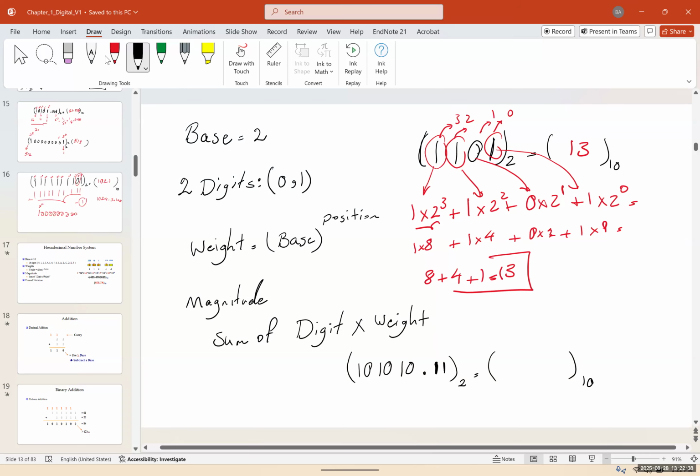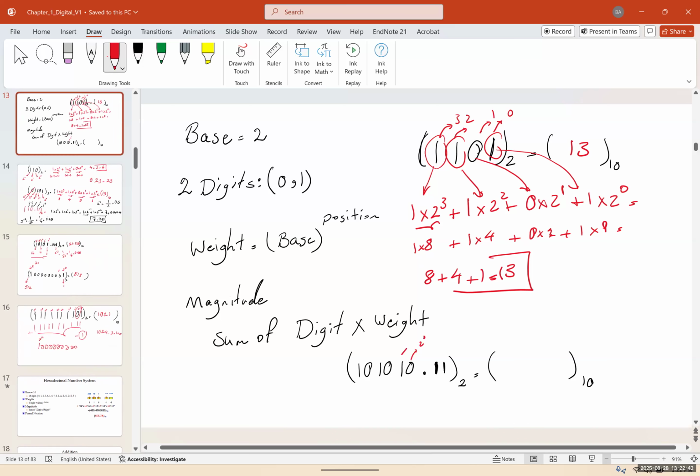42.75. Perfect, yes. So this is 2 to the power of 0, 2 to the power of 1, 2 to the power of 2, 2 to the power of 3, 2 to the power of 4, 2 to the power of 5. This is 2 to the power of -1, 2 to the power of -2. I'm just going to calculate the ones that are 1.